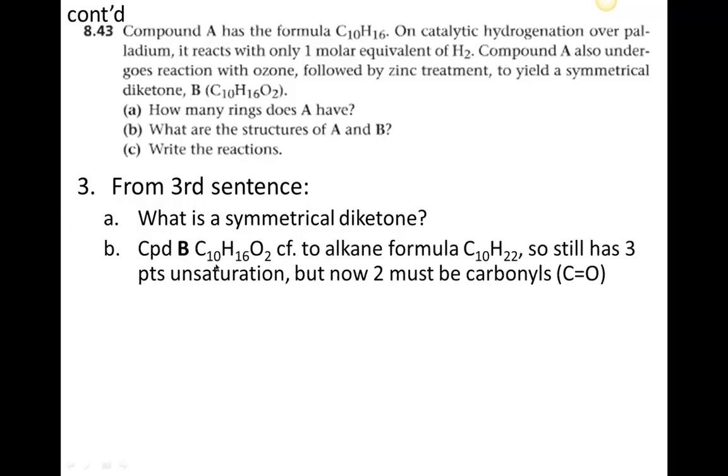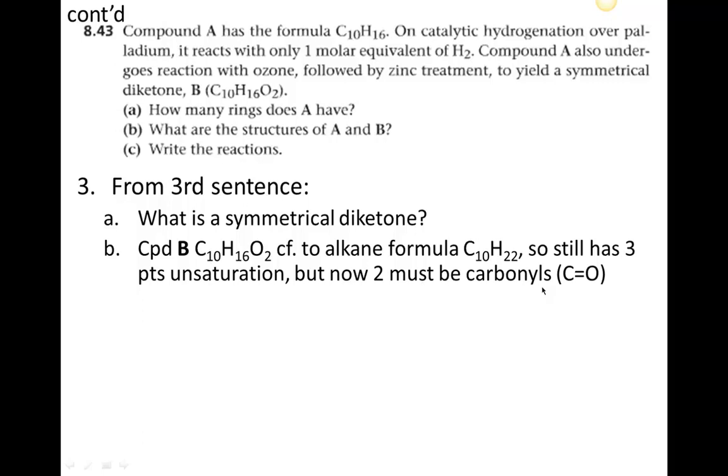If we look at the formula, we can ignore the oxygen and compare it to the alkane. It still has 3 points of unsaturation, but because it's a diketone, we know that 2 of them are carbonyls. Now, we knew that compound A had 2 rings and 1 double bond. We've done this ozonolysis, and we now have 2 carbonyls.